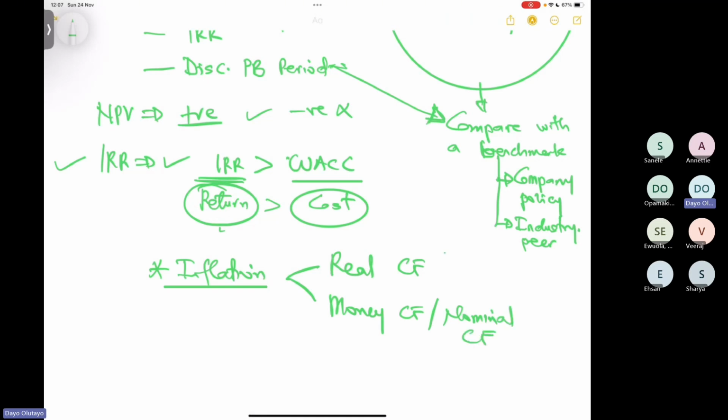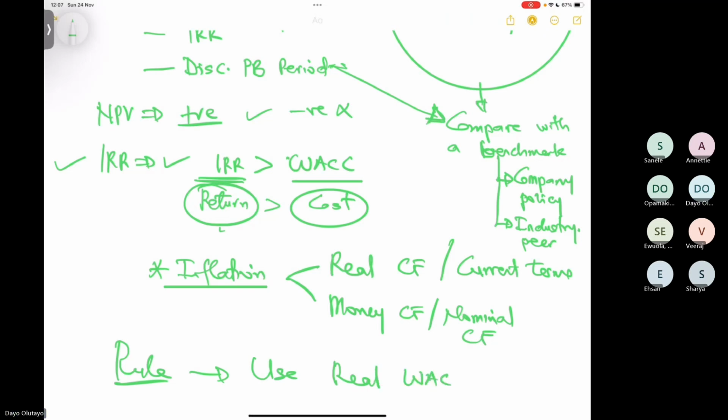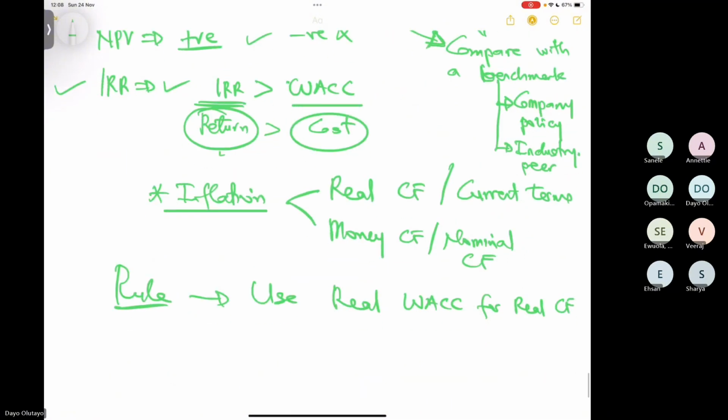So if they say real cash flows or they say current terms, that's what they are talking about. But why is this so important? It is important because when it's time for you to get your discounting factor, this is the rule: you must use real WACC for real cash flow, and you must use money WACC for money cash flow.